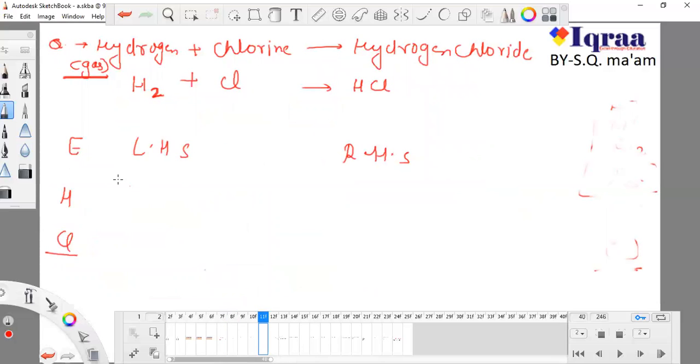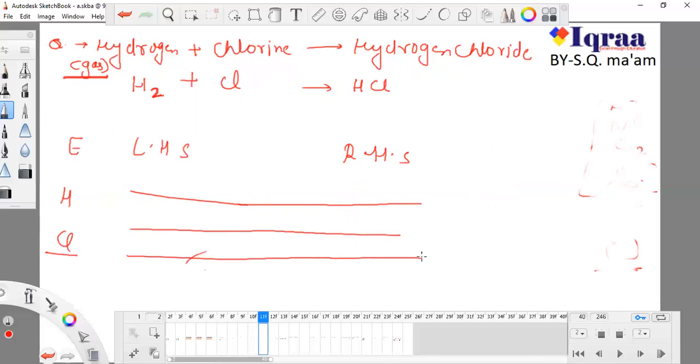A challenge is that hydrogen has 2. It was a very simple reaction, but it is not that simple because of the 2. This is a fact: whenever hydrogen, oxygen or nitrogen comes to you, you must think they are talking about gas, even though the symbols are not written.